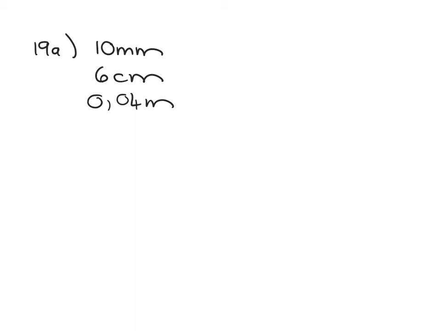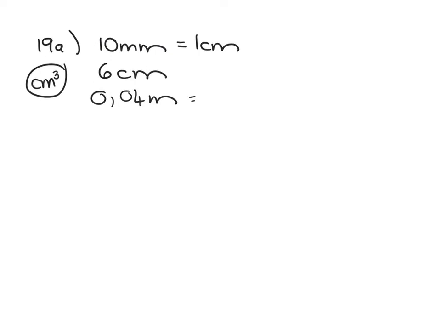Yes, they say correct to the nearest centimeters cubed. So to get to centimeters cubed, it's best that you work all of these to centimeters. So the first thing you have to tell me is that this is 1 centimeter. That one will stay the same. And this, what would I do with meters to get to centimeters?